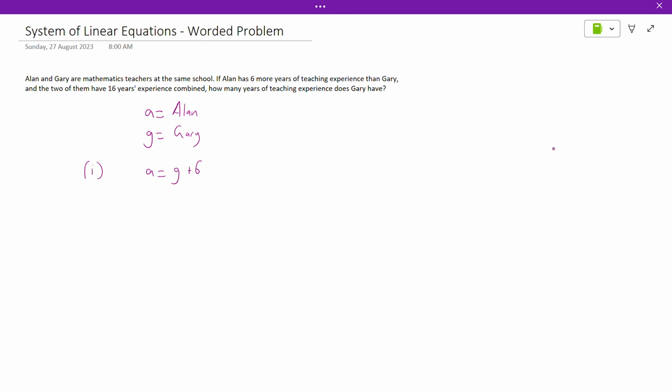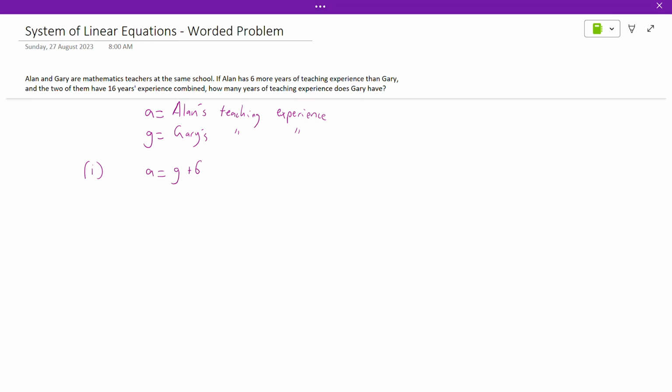Really I should say up here, Alan's teaching experience, because we're not measuring just Alan, we're measuring his teaching experience. Same thing for Gary. I'll just do little quotes to say that we've got the same terms. So my first equation, A equals G plus 6.